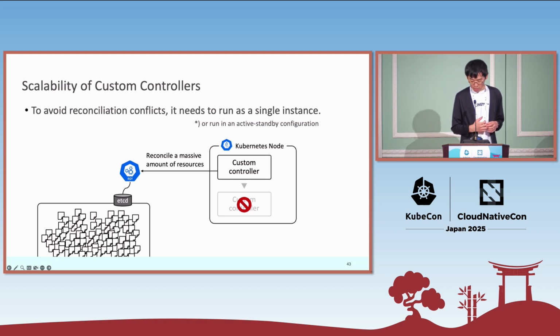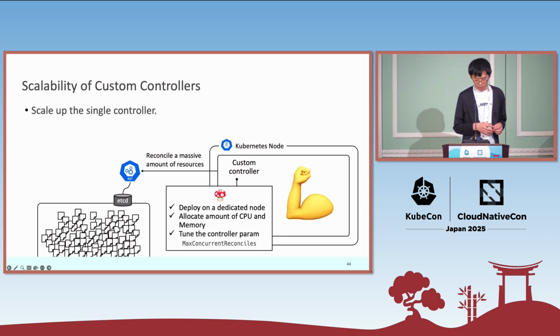As the number of resources grows, reconciliation starts to fall behind, leading to various problems. And for now, we are addressing this by scaling up the single controller instance.